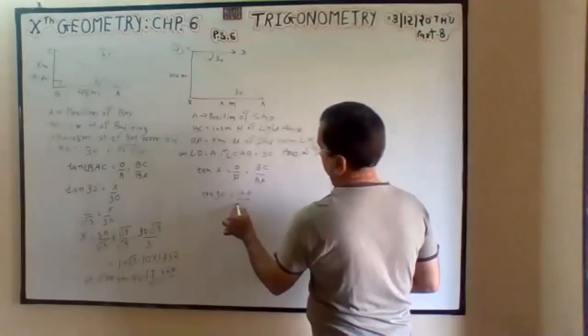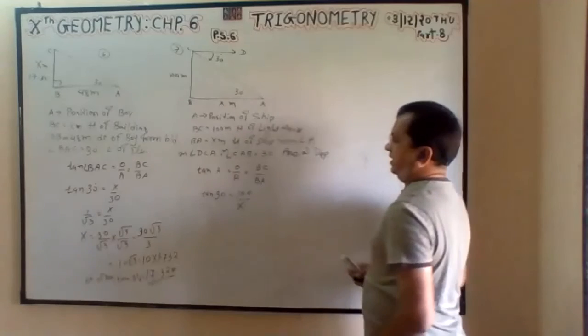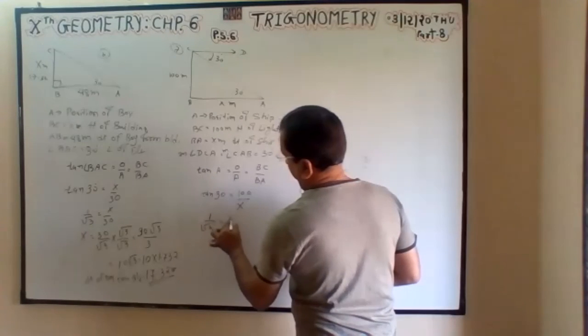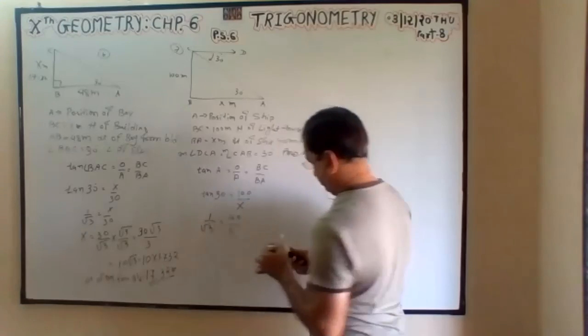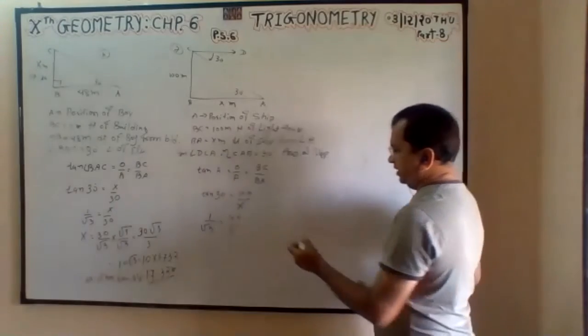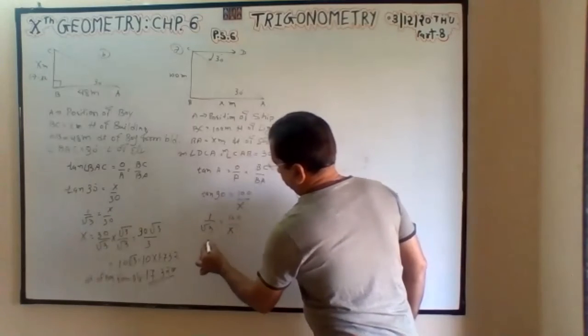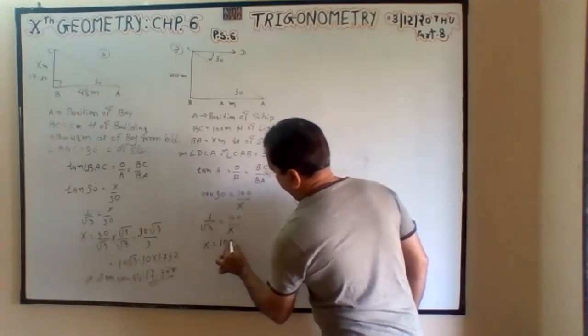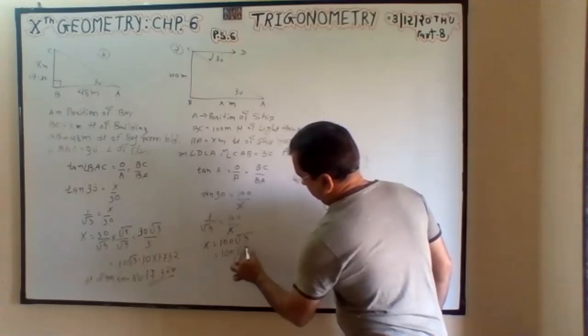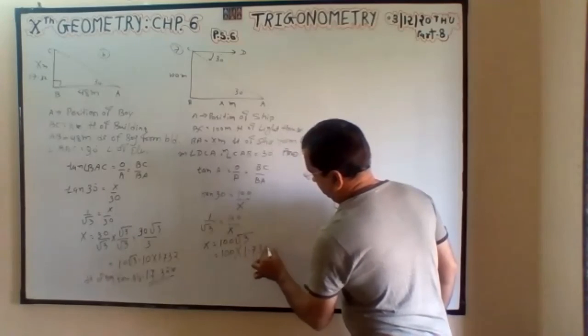100 by X. Tan 30 again 1 by root 3. If by mistake I substitute wrong, you have to remind me, okay? So X is equal to 100 root 3. So 100 into 1.732.